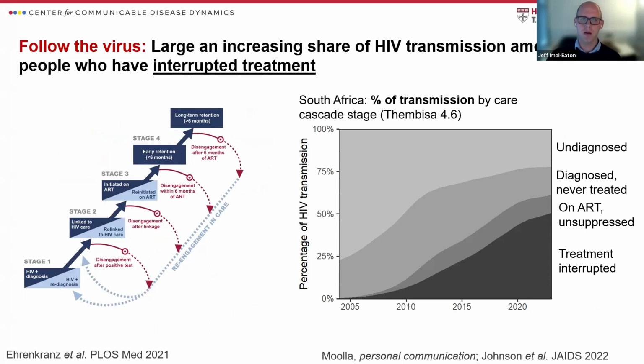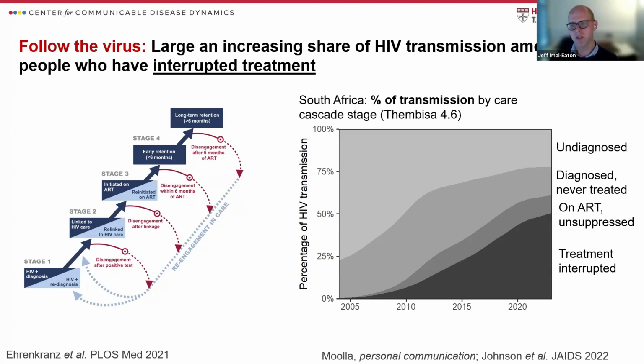Thirdly, as we've scaled up and increased our treatment coverage, we're also aware of the gaps along the care cascade. And as our population has shifted from large numbers of undiagnosed and untreated people to people who are treatment exposed, we're also seeing an increasing share of HIV transmission amongst people who have interrupted treatment.